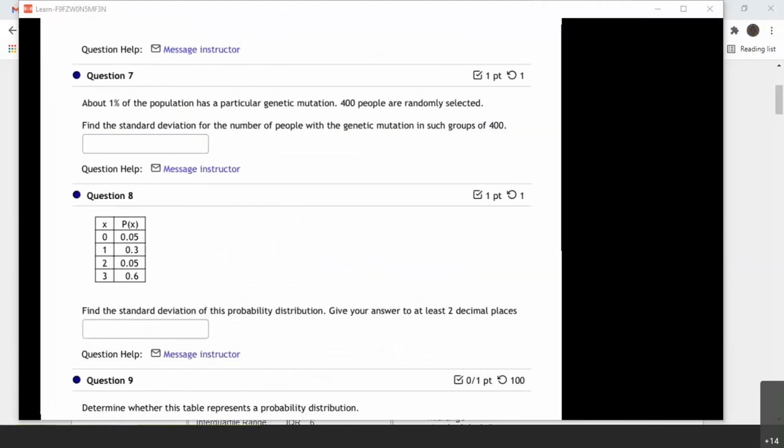So question 7 is saying about 1% of the population has a particular genetic mutation. 400 people are randomly selected. Again, they're not saying from this population, and I'll put it this way, from this very large population.